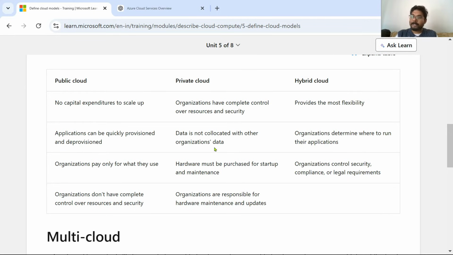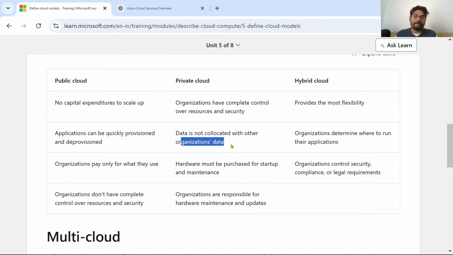You can encrypt your data, you can keep your data secure. But the question is the resource, the hardware is being utilized by multiple customers or multiple consumers. But here in the private cloud, your data is not collocated, it's not kept with other organization data.